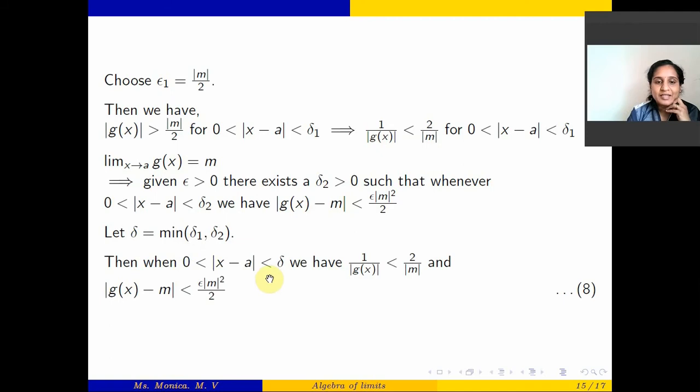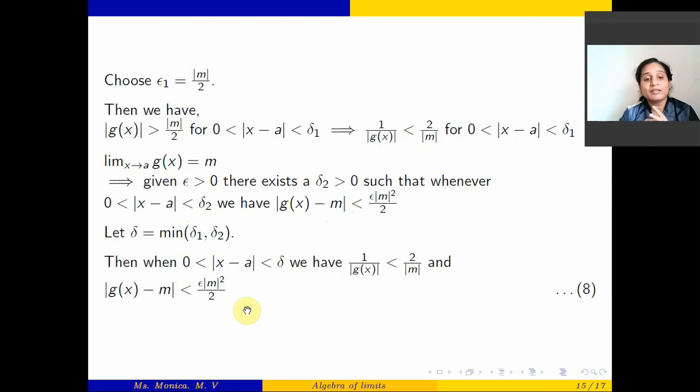Then when mod x minus a is greater than 0 and less than delta, the conditions which were applicable in the case of delta 1 and delta 2 are satisfied. In the case of delta 1, we had 1 by modulus of g of x is less than 2 by mod m, that is also satisfied. The condition in the case of delta 2 is here, this also will be satisfied: modulus of g of x minus m will be less than epsilon into mod m square divided by 2.